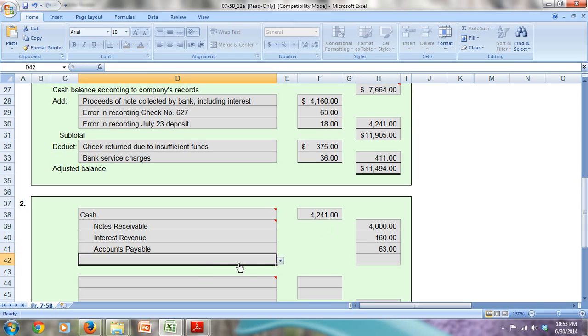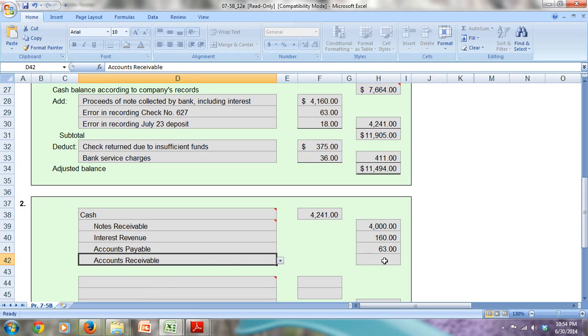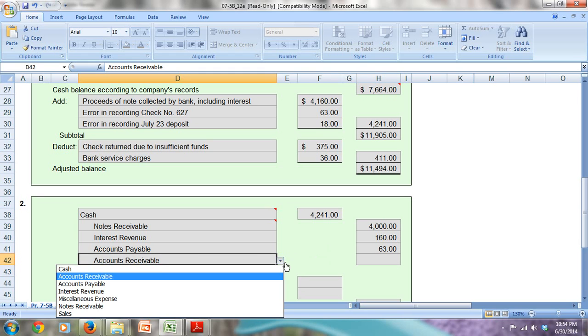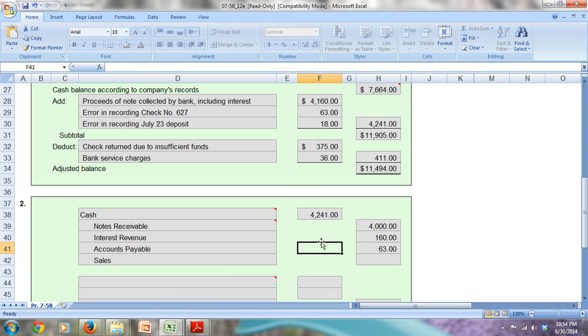And then the error in the deposit. Okay, so that would have been to satisfy a receivable. So, oh wait, hold on a second. That would have been for sales, I'm sorry. If we receive cash, it's going to be a cash sale.